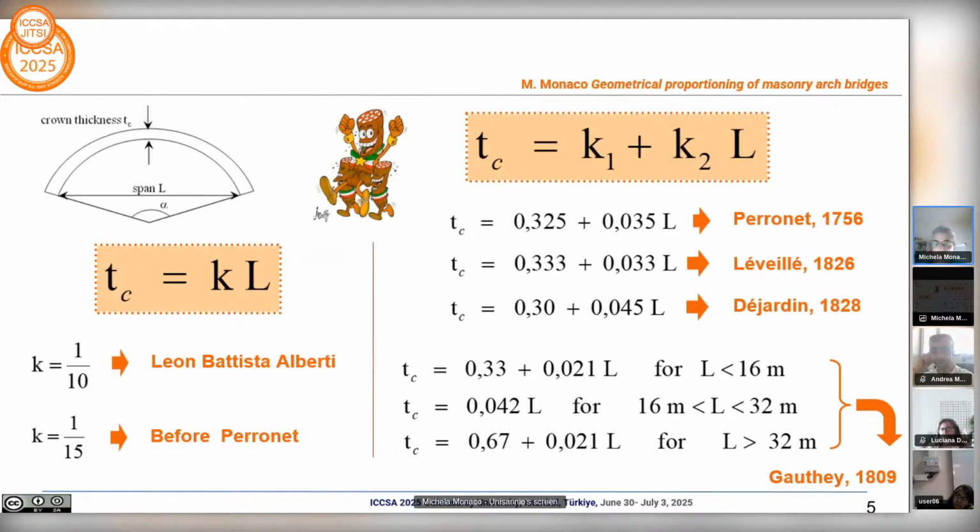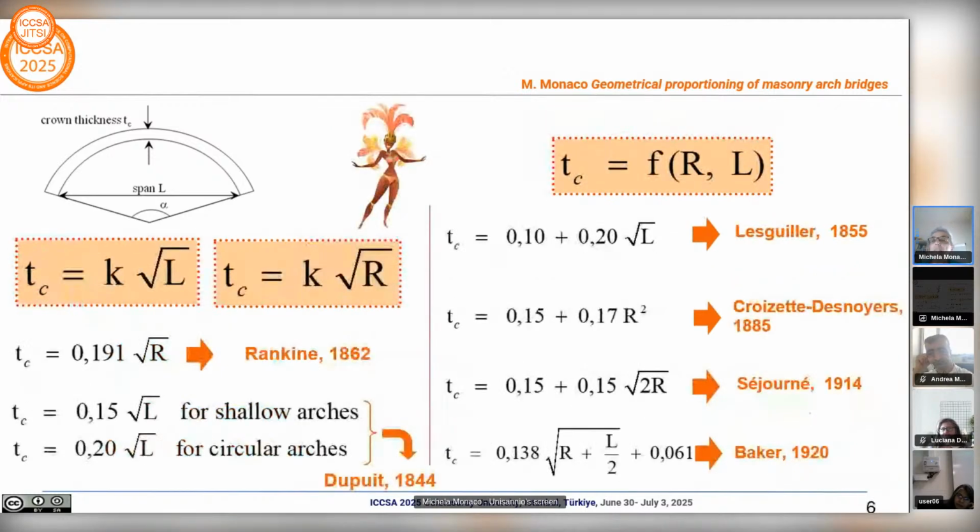So this is to represent the Delhi. But the Rio Carnival for the empirical formulas can be emphasized, taking into account the 19th century formulas. And in this case, we found for the first time a difference for shallow arches and circular arches.